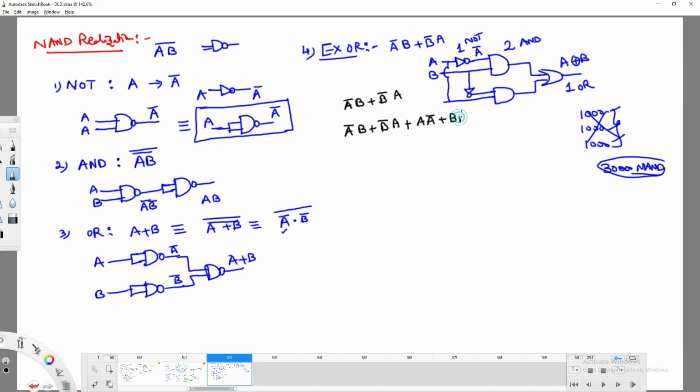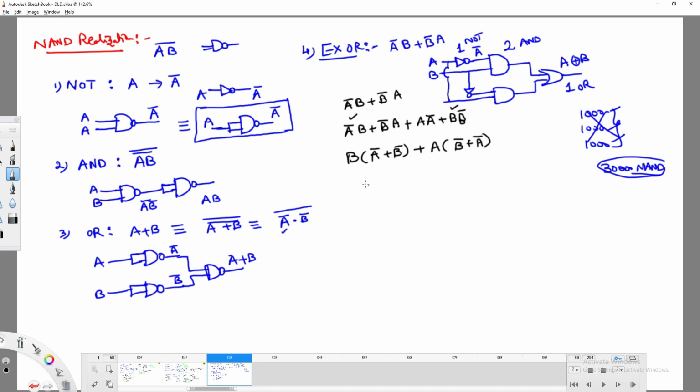A A bar is 0, B B bar also 0, right? Now I will try to take out the common B from the first and last middle terms. Then you are going to get A bar plus B bar. From the second and third, I am going to take out A as common. You are going to get B bar plus A bar. Okay, fine.